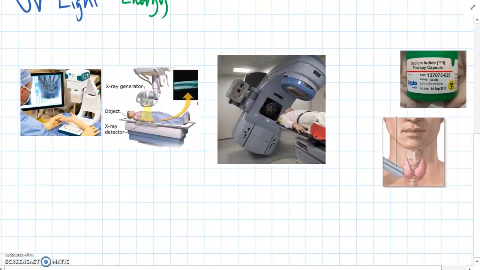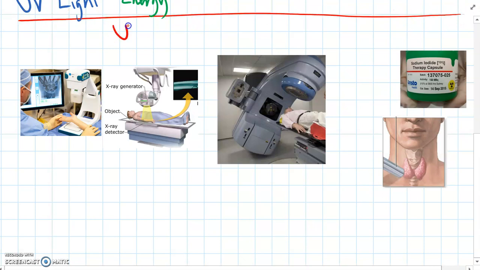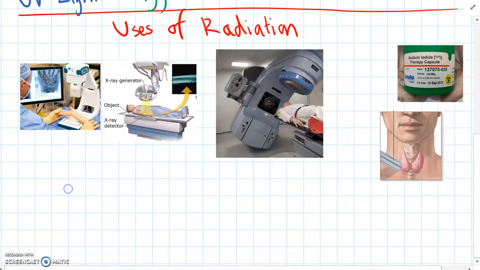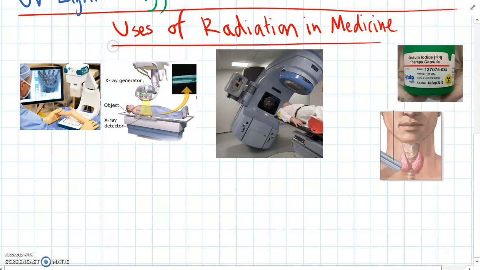So let's look at some different uses of radiation in medicine. We've got a few examples here.